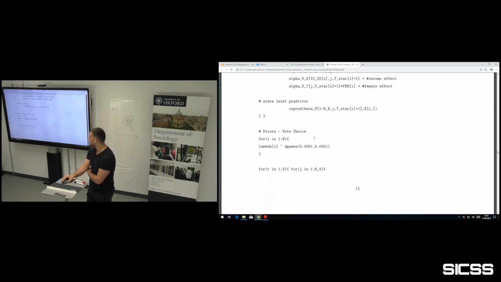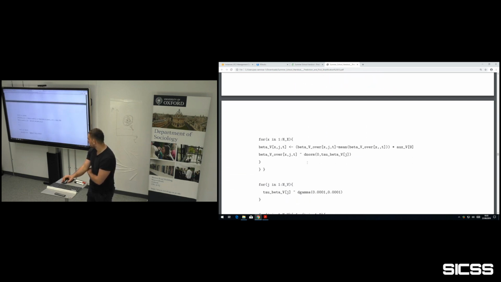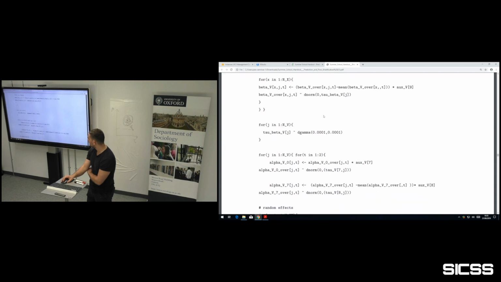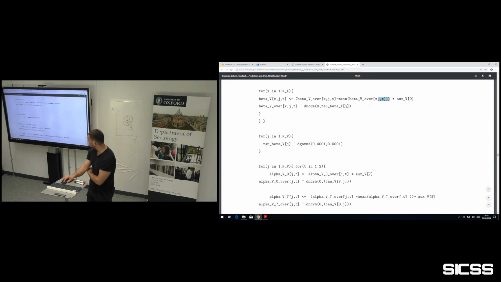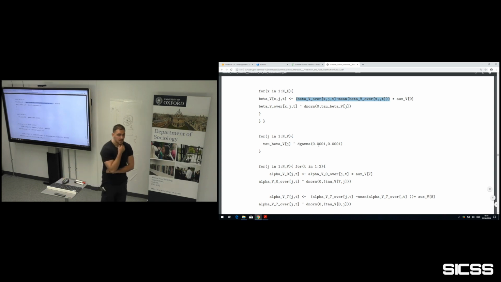Okay, and this stuff below is almost exactly the same as before, with the sum to 0 constraint that I described before. This Poisson is on a 0-1 outcome in practice.